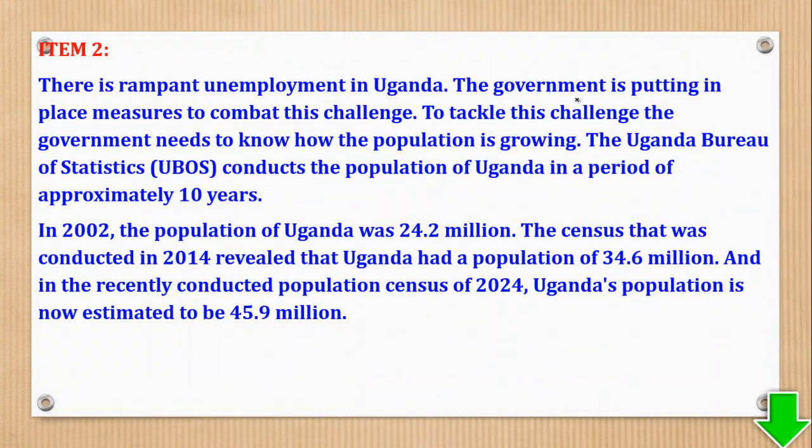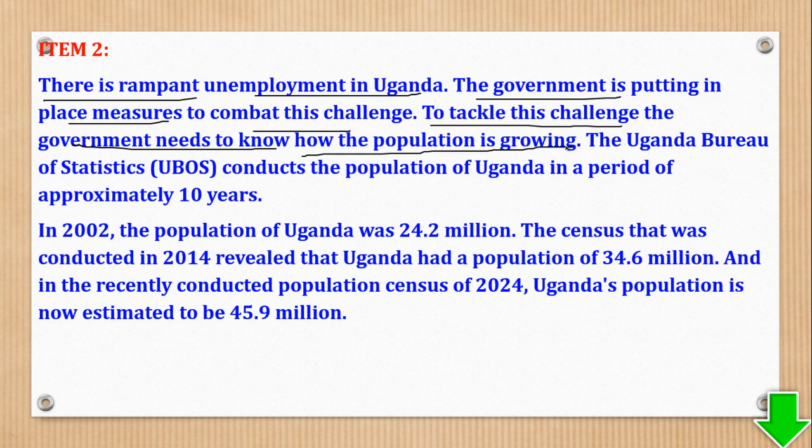Then when we come to item 2, it says there is rampant unemployment in Uganda. Okay, the government is putting in place measures to combat this challenge. To tackle this challenge, the government needs to know how the population is growing. The Uganda Bureau of Statistics, which is UBOS, conducts the population census of Uganda in a period of approximately 10 years.